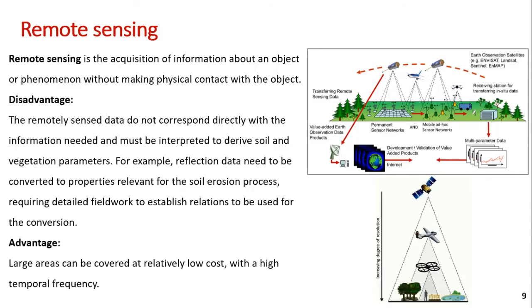So this is one of the advantages of it. You can collect a lot of information without going into the field, without the need for so many instruments, because you use remote sensing instruments, like satellites or sensors which are hung on a plane or a drone, and then you collect this information from the reflection.